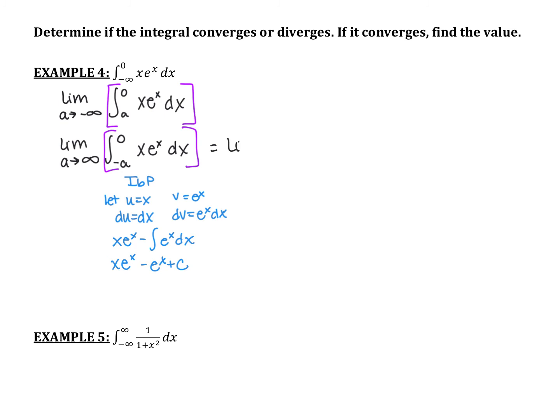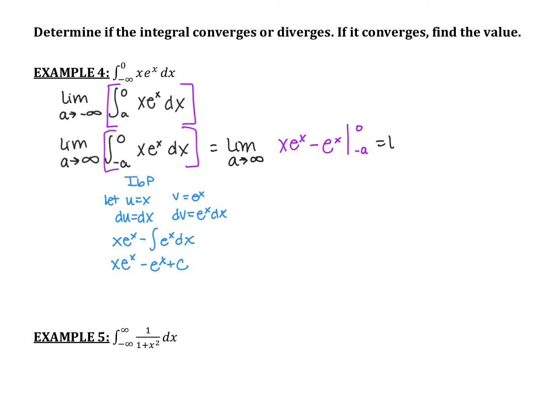So this would be the limit as a approaches infinity of, replacing this with the integral, we'd get x e to the x minus e to the x, all evaluated from negative a to 0.